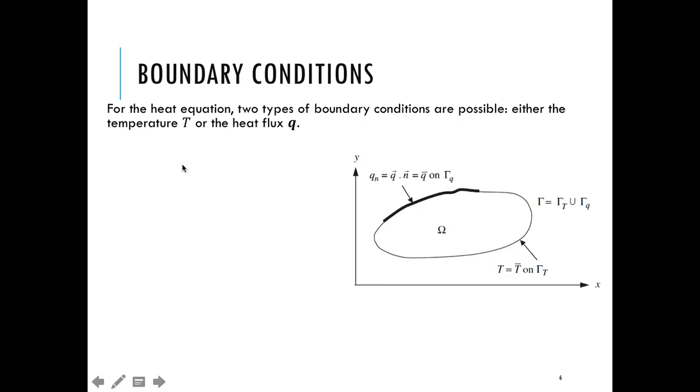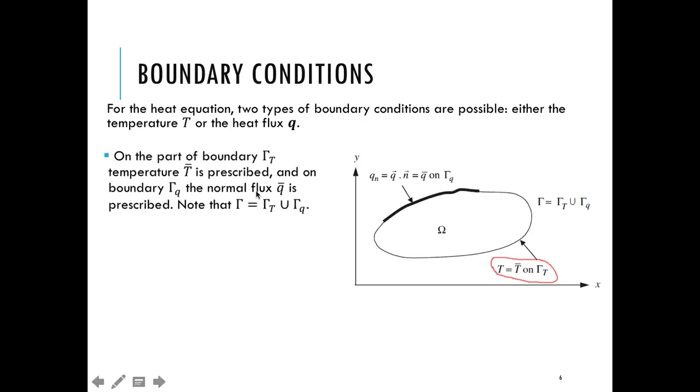Now for this problem, our essential variable or our field variable is temperature. Okay, so our essential boundary conditions are on the temperature, whereas my natural boundary conditions are on the flux, which is why this gamma Q is my natural boundary basically.